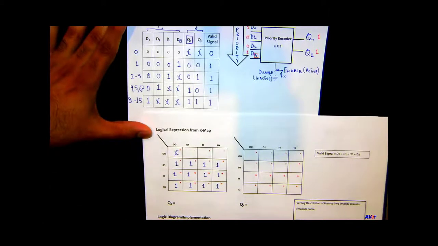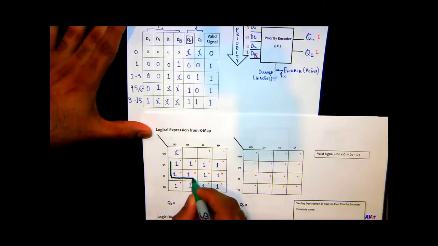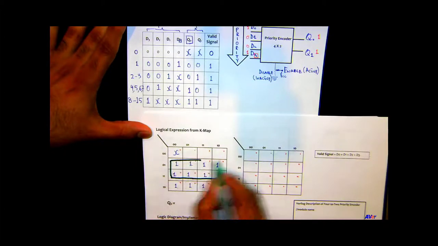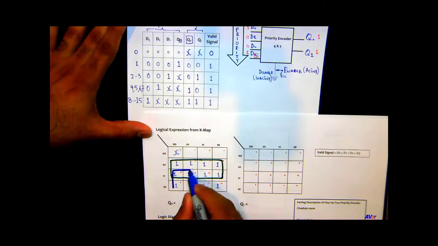I can make a set of 8 here, and also another set of 8 right here, because that would give me the most minimized expression.